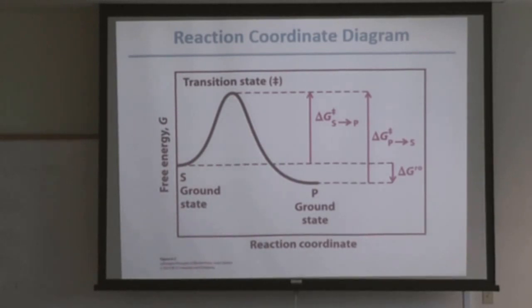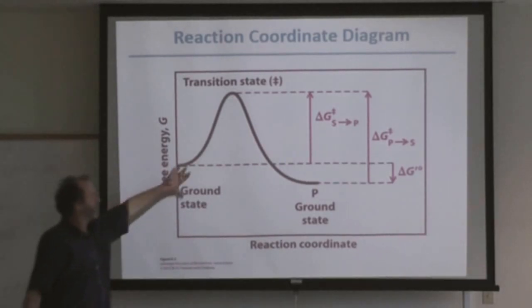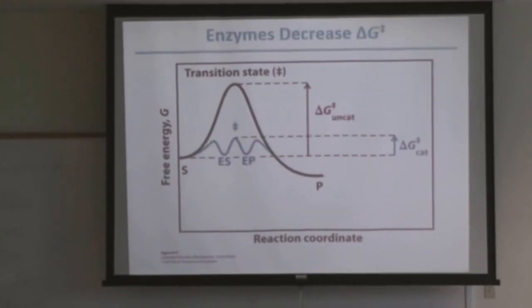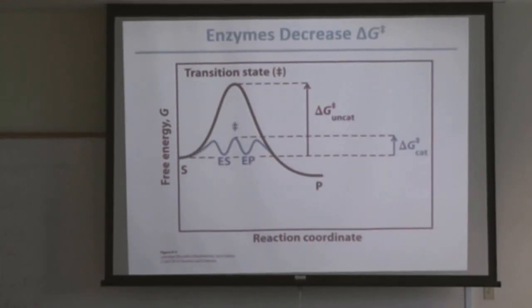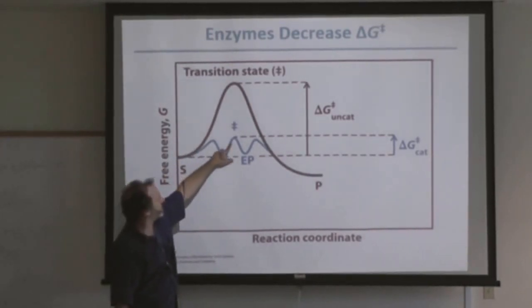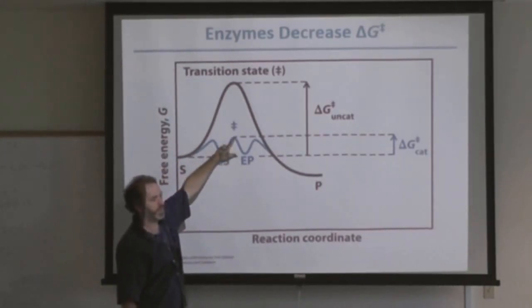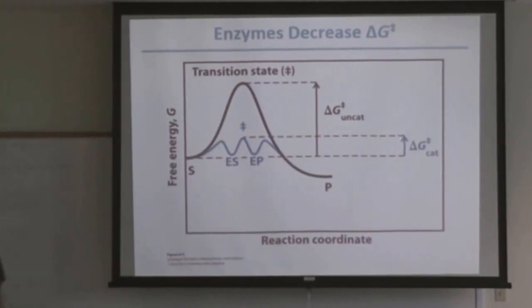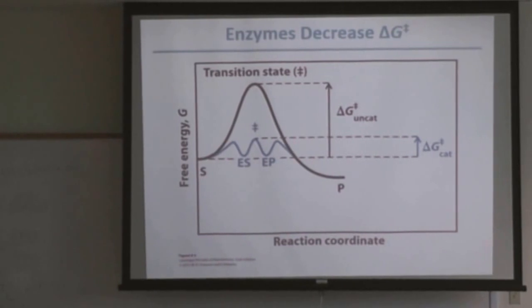And this just shows you a normal reaction coordinate. I don't know how many times I've had these up here. With a decreased delta G, so we already showed you this, you have an enzyme-substrate complex, enzyme-catalyzed free energy of activation, and it's much smaller than your uncatalyzed free energy of activation.